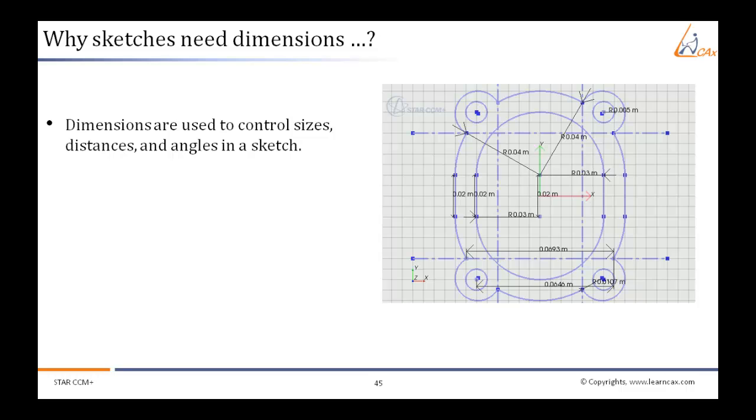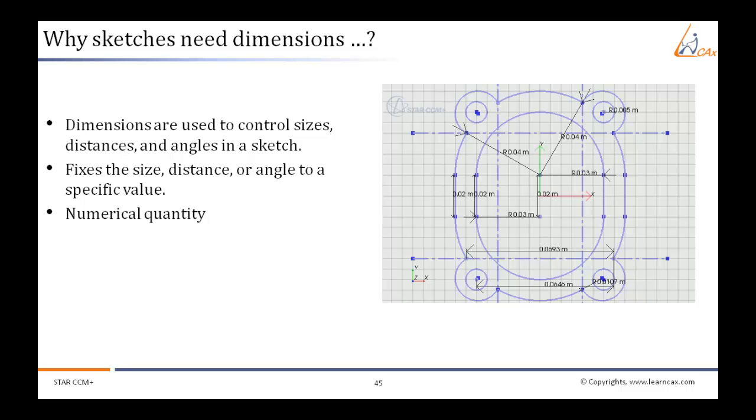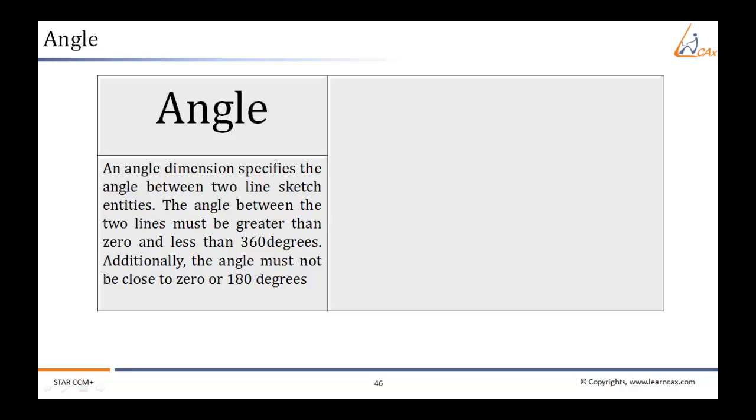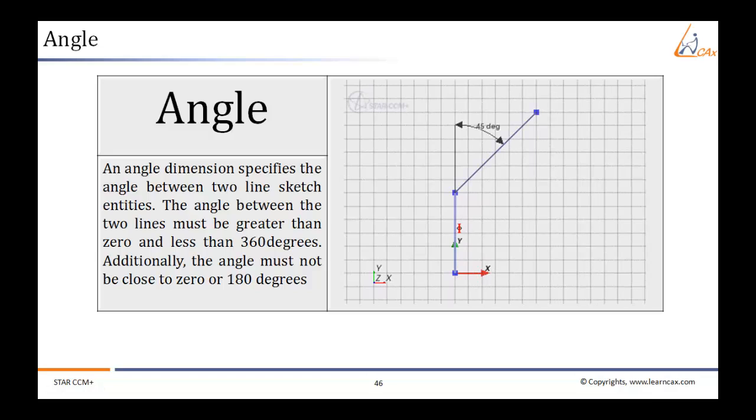In a way, they put values to every entity. The first dimension option that we are going to discuss is angle. This dimension tool specifies the angle between two lines. The limitation is the angle must be greater than 0 and less than 360 degrees or 180 degrees.